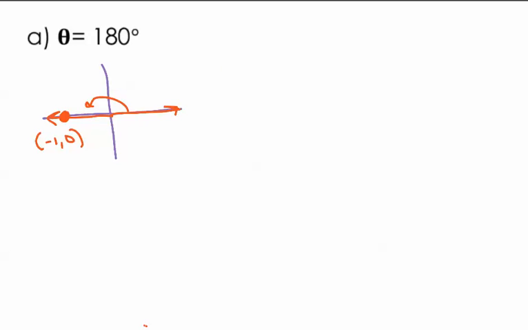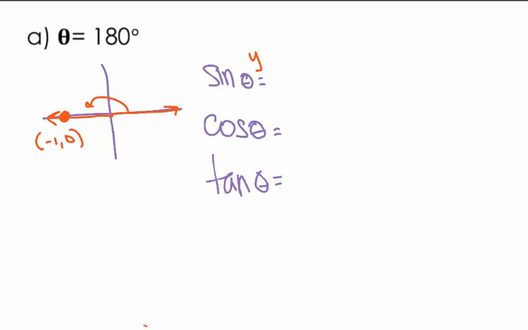So on your paper, you have blanks filled out for sine, for cosine, for tangent. We're going to start with those. My sine goes with y, and if you look at the y coordinate of your ordered pair, that's going to be 0.